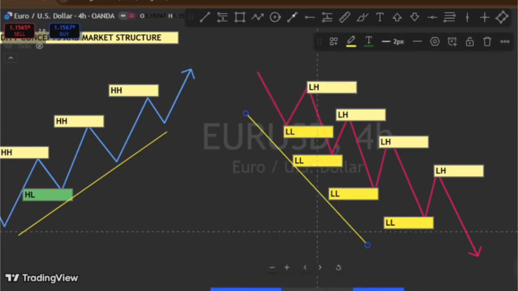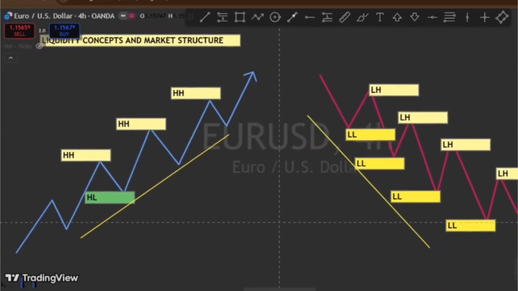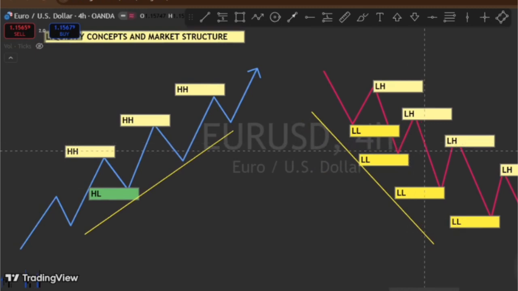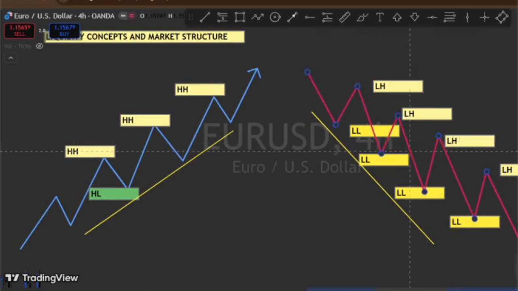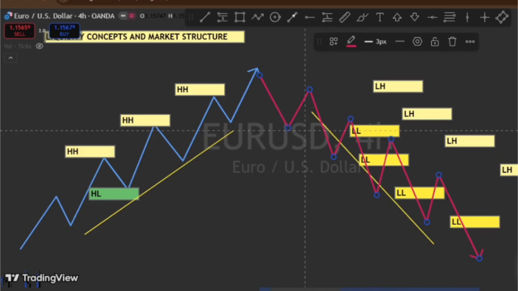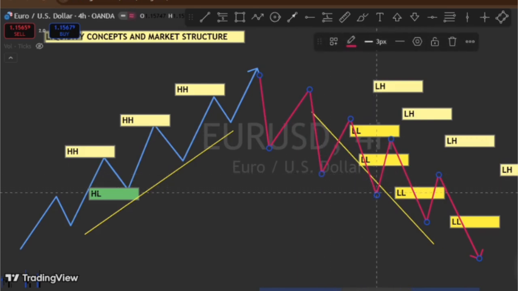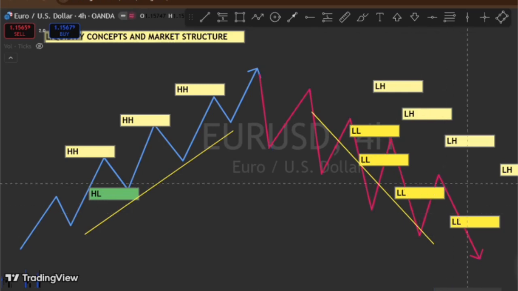If you combine this and this, we are going to get a bearish choke. So this is a bearish choke market. The market is going to become bearish. And what's the point here?